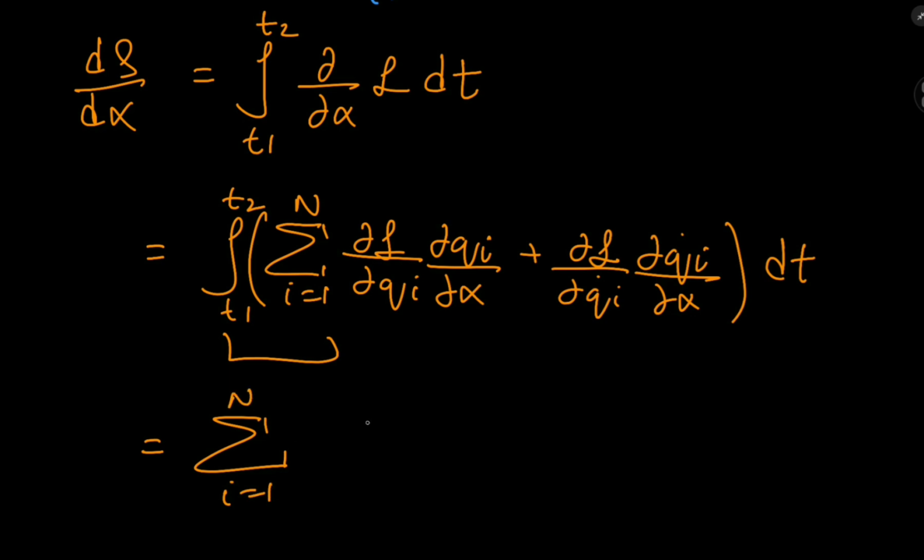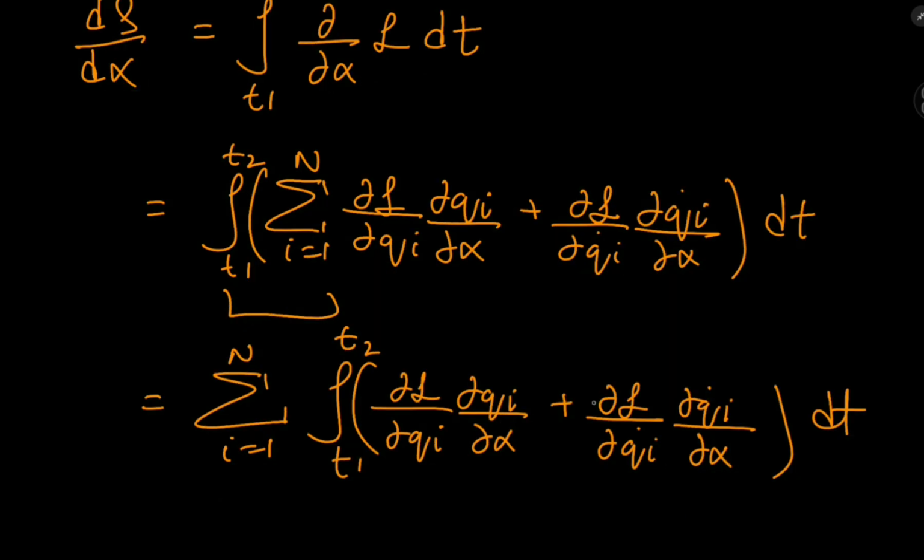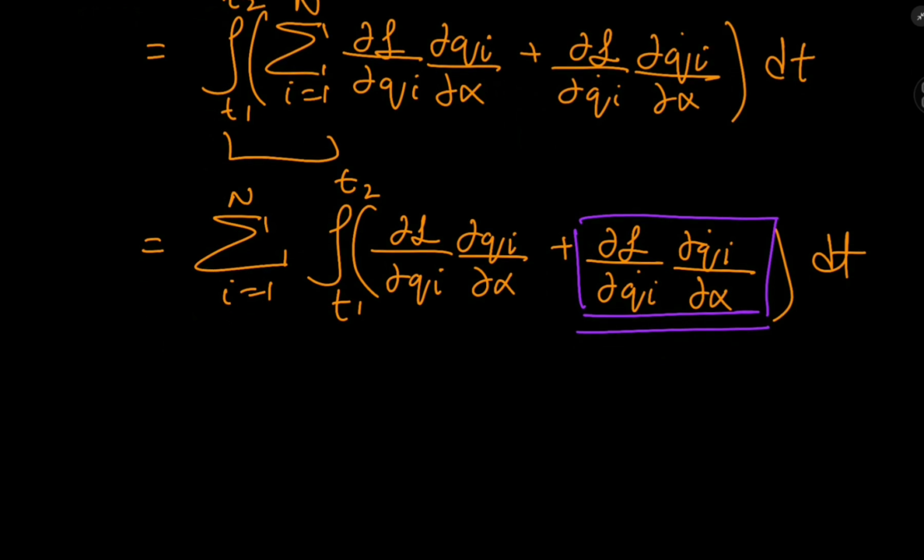So we have the sum from 1 to n of the integrals from t1 to t2 of partial L by partial q_i times partial q_i by partial alpha plus partial L by partial q dot i times partial q dot i by partial alpha, and integration with respect to t. And it's the integral of the second term here that I'm interested in first.